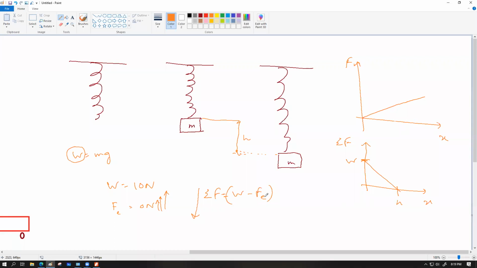That increase will happen linearly. So as you further drop the object along the length h, your resultant force will undergo a linear decrease. And that resultant force will become 0 when the object has fallen down by a height of h, which in this case is represented as the extension of the spring for the equilibrium position of the mass.